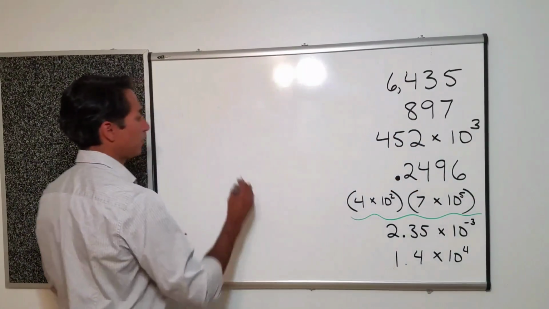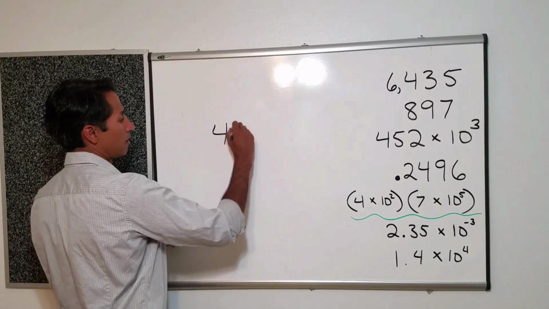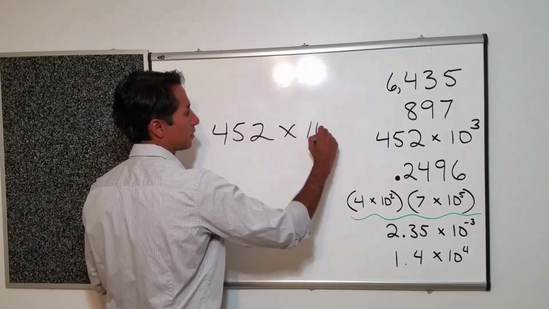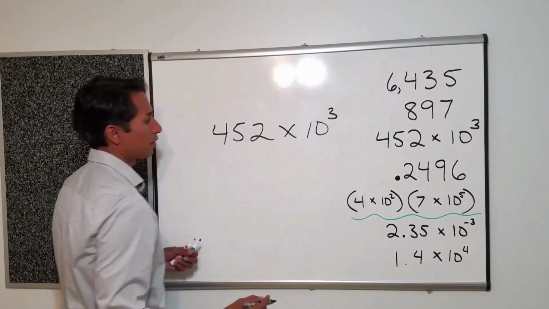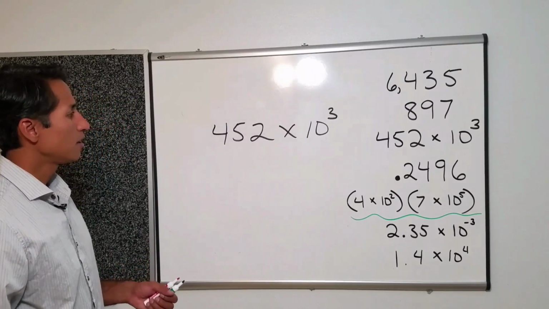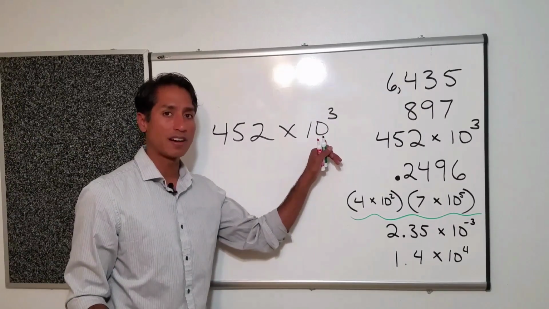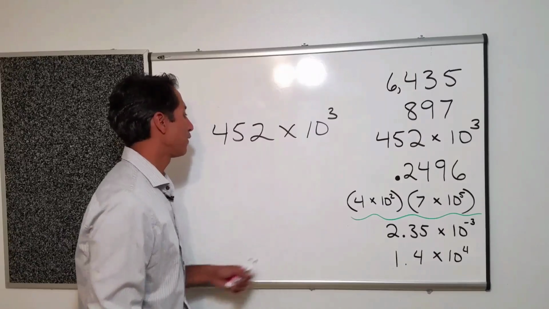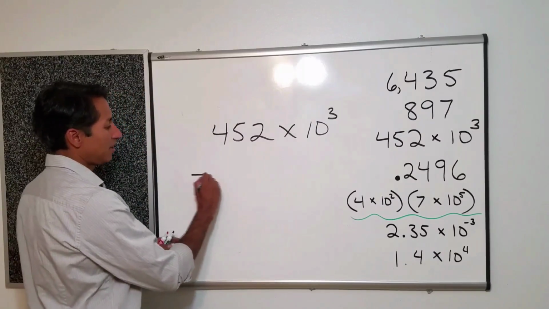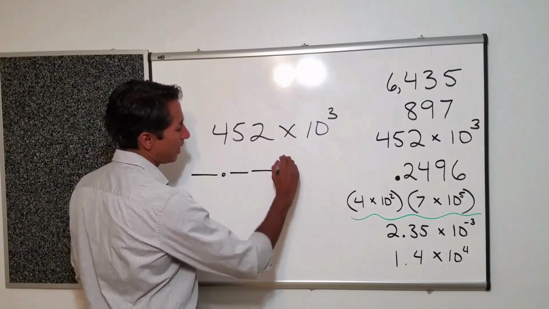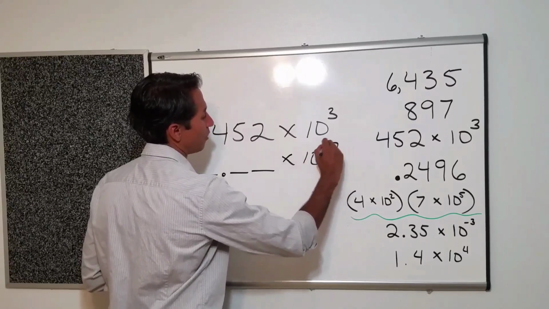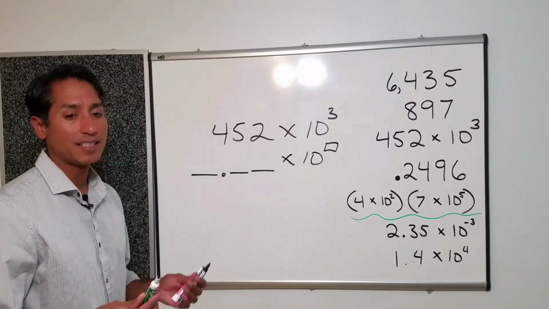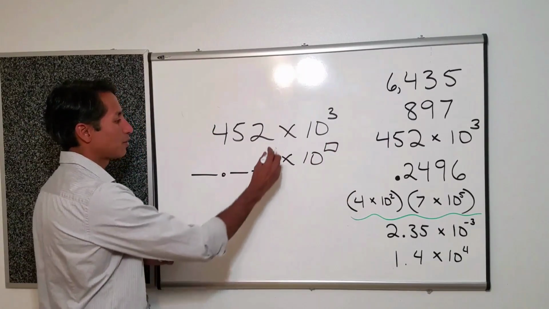Let's see here, 452 times 10 to the 3rd, okay? So they gave you something over here, kind of like it's in scientific, but is this guy in number, decimal, number format? No, it's not. So we need to put it into scientific notation.